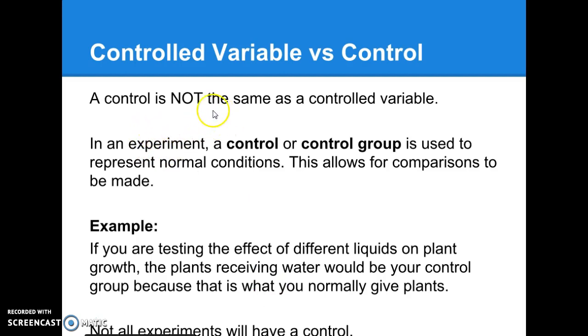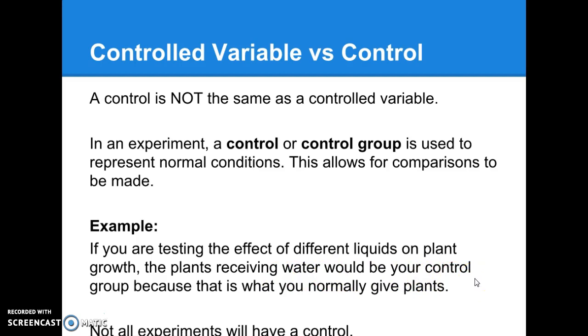Okay. You also have something called a control group, which is not a controlled variable. A control group is a group within the experiment that's used as a comparison and represents normal conditions. So if you're testing the effect of different liquids on plant growth, the plants receiving water would be your control group because that's what plants normally get.